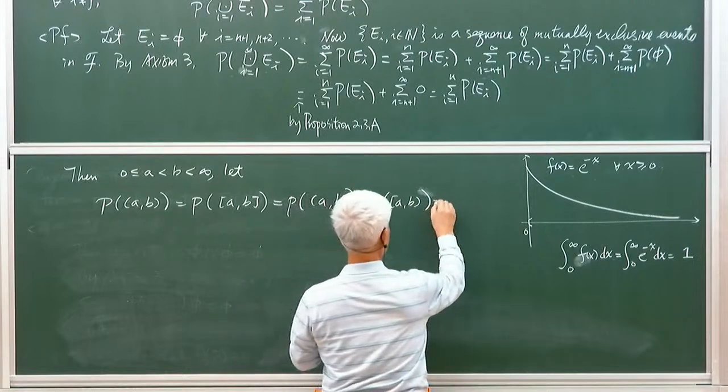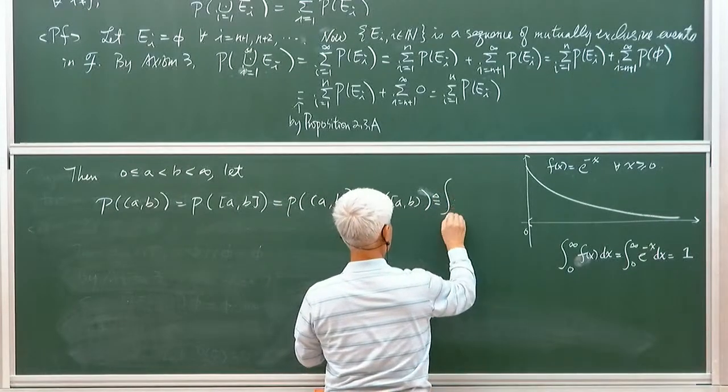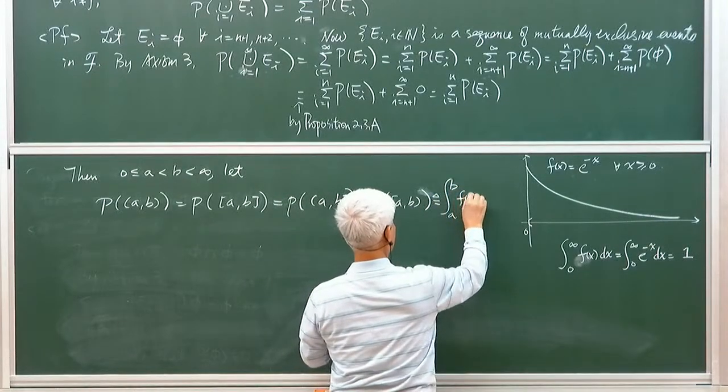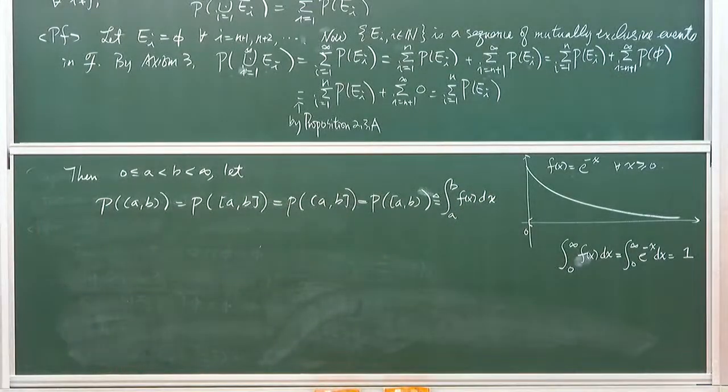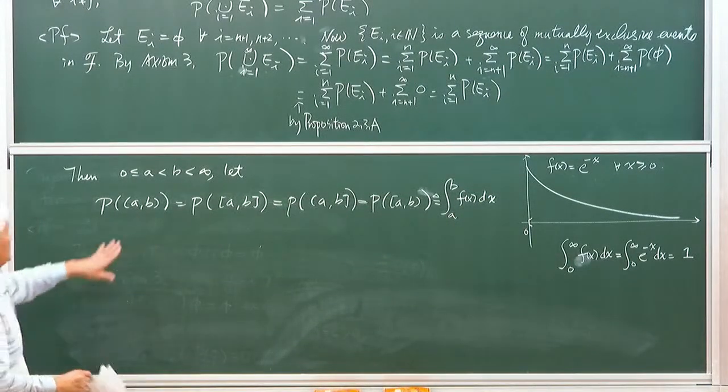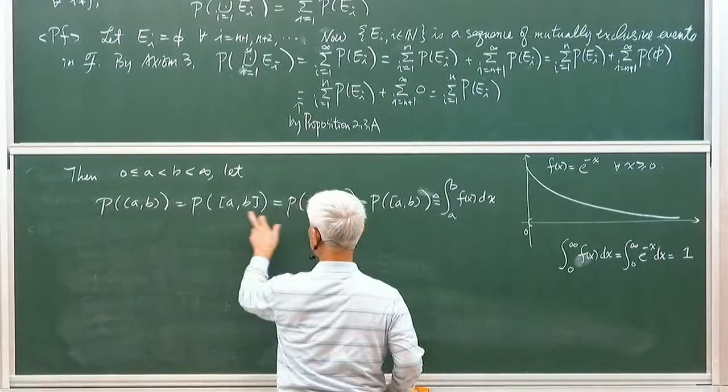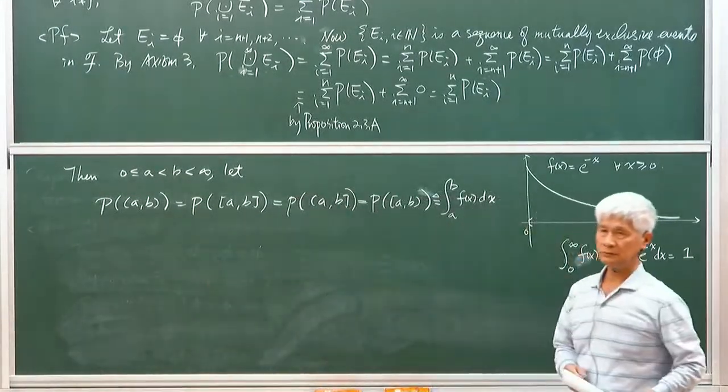All this probability is defined to be the same. So this is our assignment of probability for these 4 kinds of finite intervals.